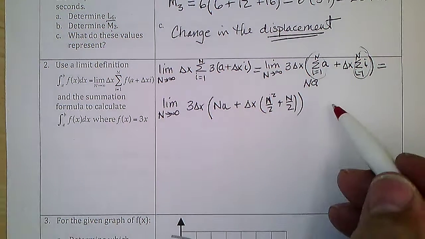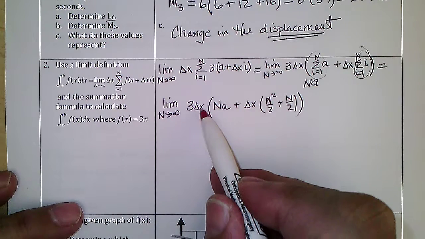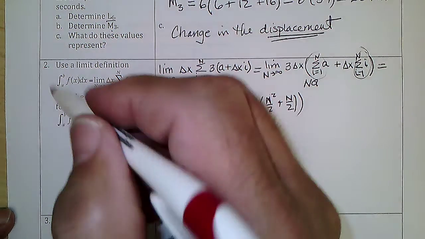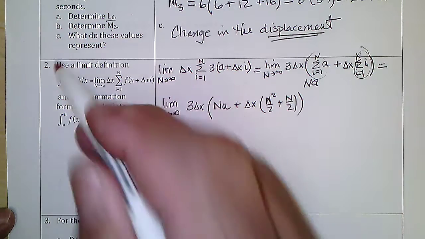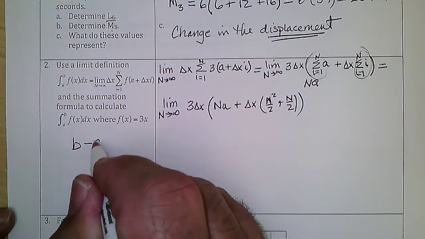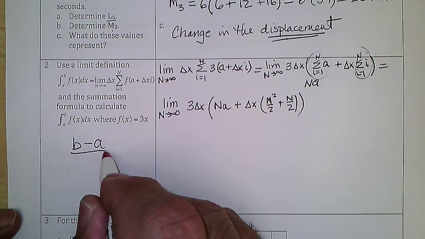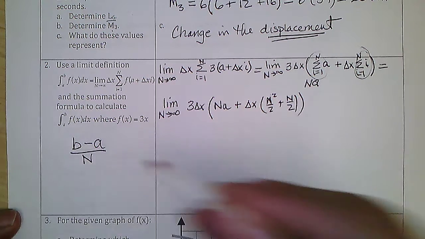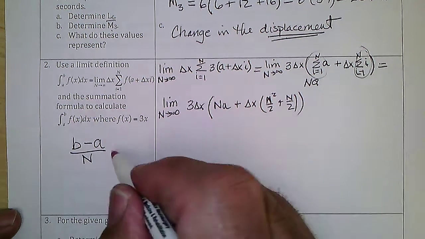All right, now I'm going to put in what delta x is. That's the width of the interval. So we're dividing from a to b, so it's b minus a, into n pieces, so it's divided by n. That's what delta x is.